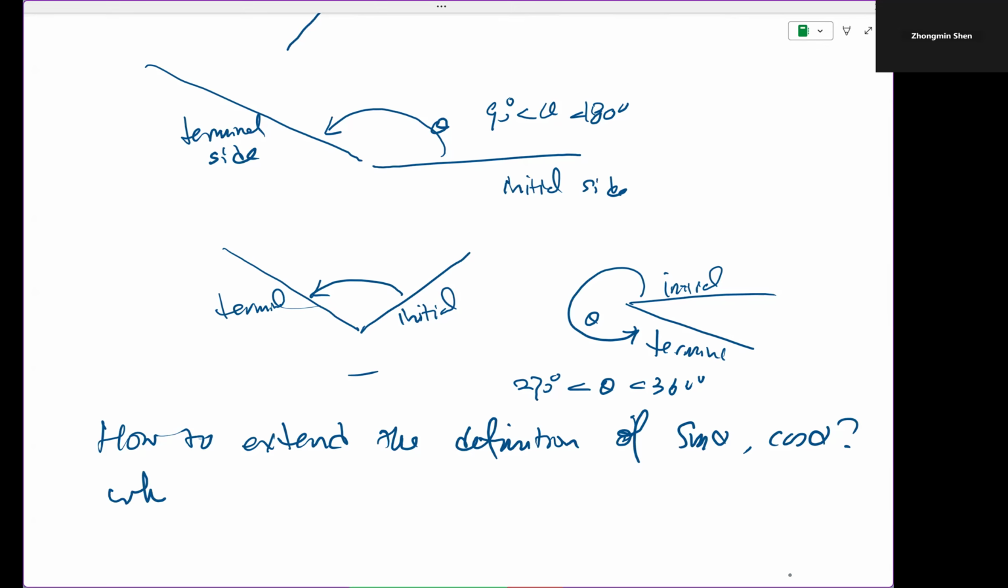When alpha is greater than 90 degree, if it's not part of the triangle, the right triangle, right? Think about how to do that. Being creative? No idea?